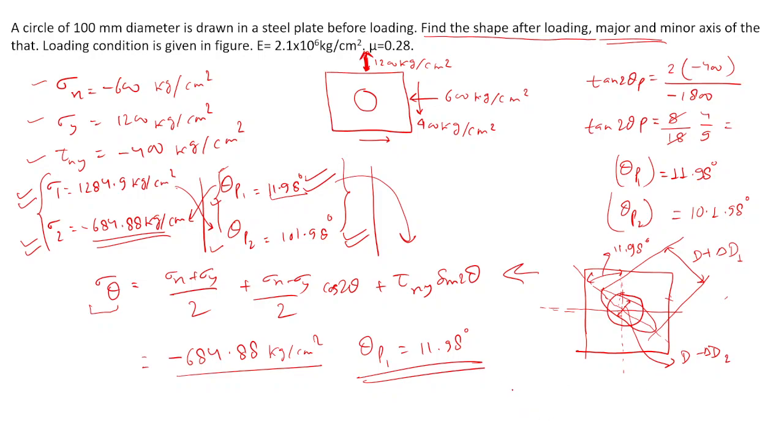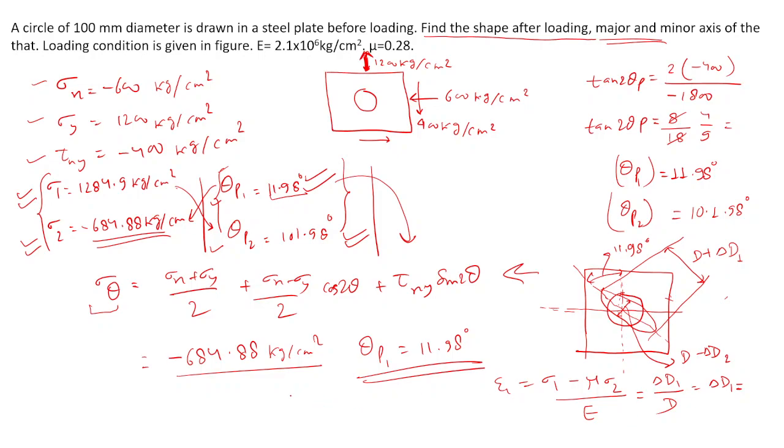So next, any suggestion how we can get it? Sir, epsilon 1 equals sigma 1 minus mu sigma 2 by E, we will use this formula. So epsilon 1 would be delta d1 by d, right? Yes, sir. So find the delta d1 from here and let me know.